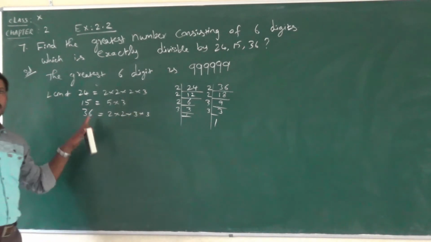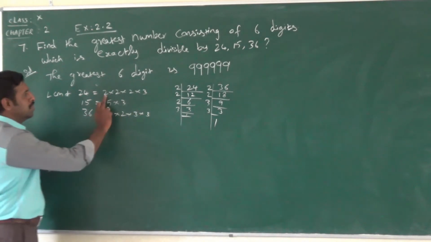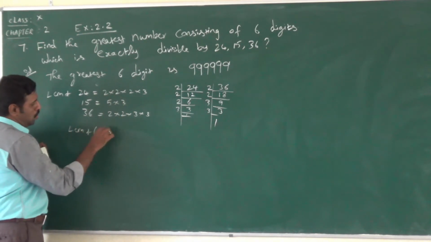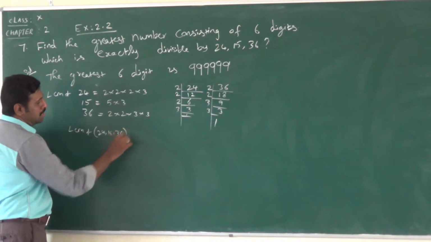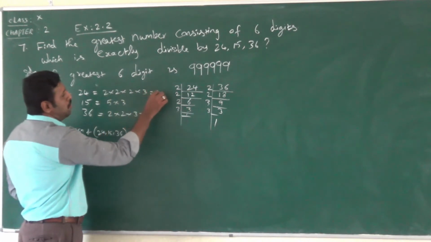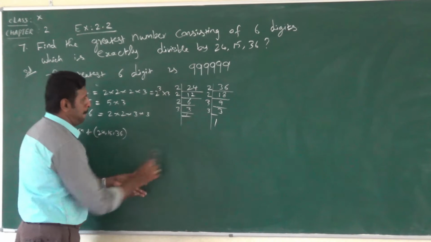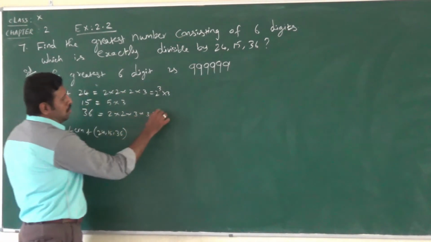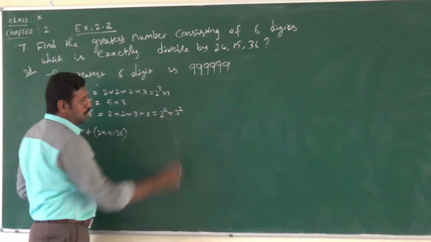Now we want to find the LCM of these numbers. Here we have 2 cube into 3 for 24, then 3 into 5 for 15, and 2 square into 3 square for 36.